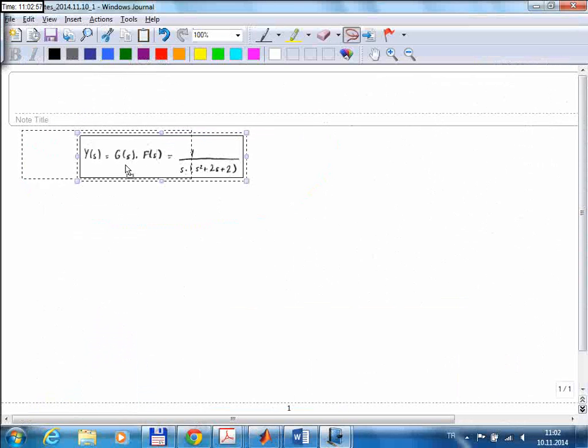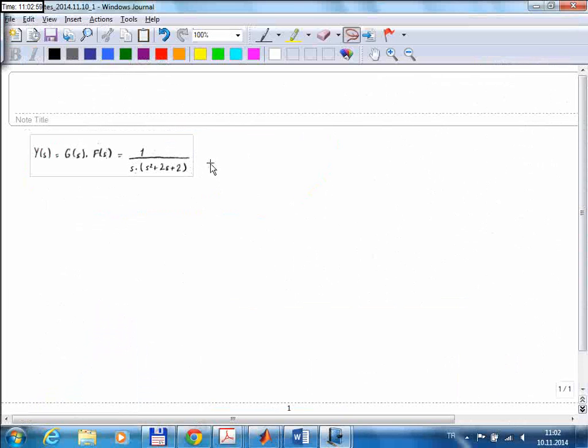Okay, so this is the function I want to take the inverse of. So to use the Matlab residue command, I need to give Matlab the polynomials, right?